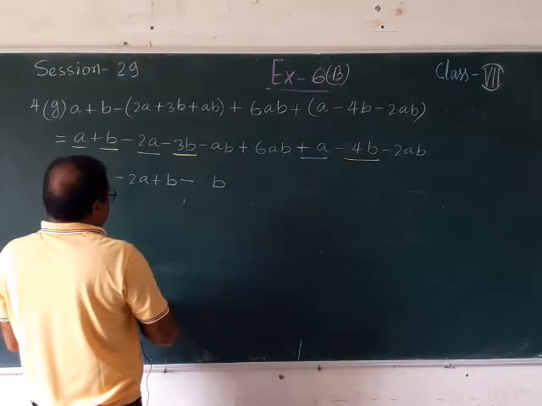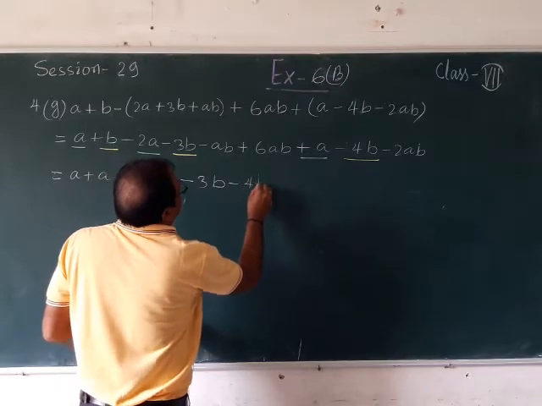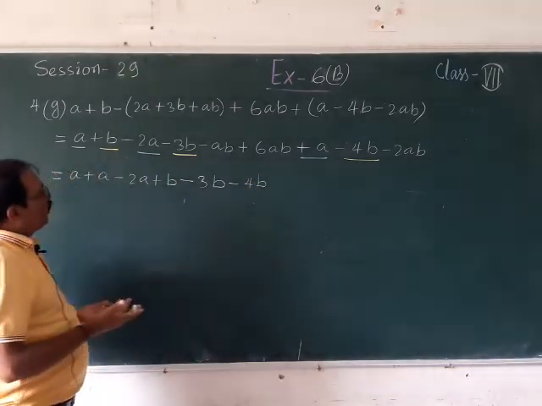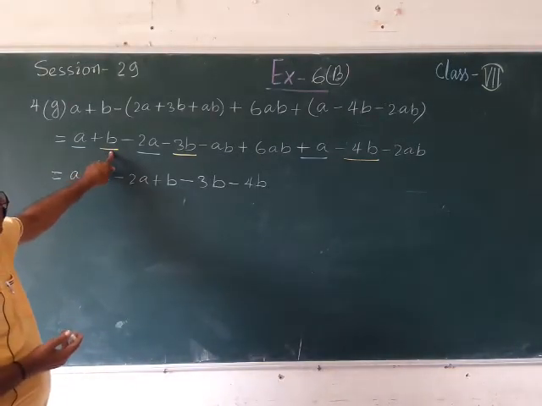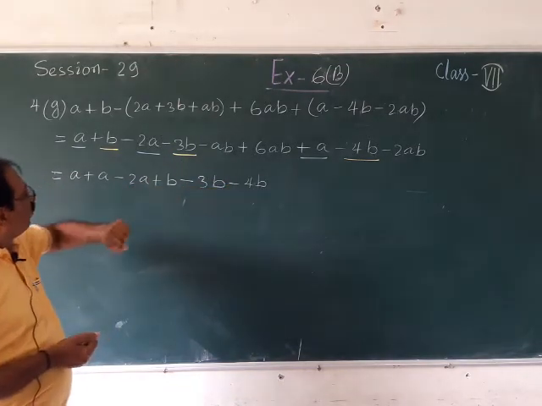So do one thing: first of all write minus 3b, then you write minus 4b. Both are having negative sign, that means it can be written anywhere. So the terms containing b are this b, minus 3b, and minus 4b. It is written over there.